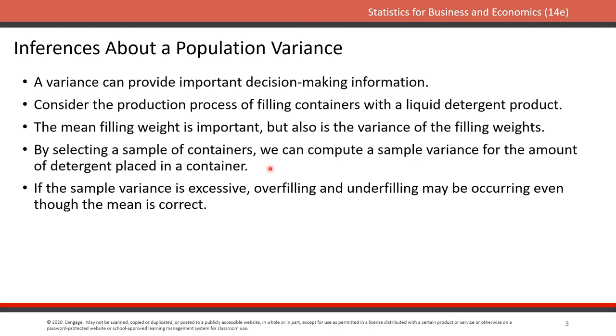So maybe I want to make sure that the variability in my product is under a certain amount. If I'm filling up different bottles with detergent, I want to make sure that I'm sticking pretty close to my specified value, because if I'm underfilling, then my clients are going to complain, and if I'm overfilling, then I'm wasting money and giving clients free product.